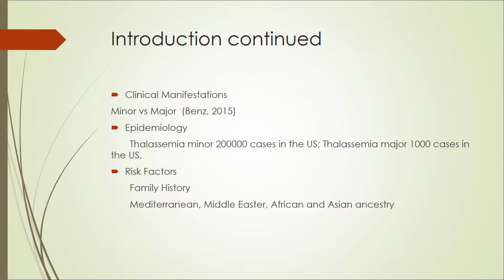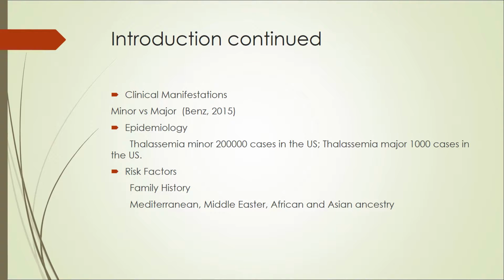Let's look a little bit at the epidemiology of the disease. Thalassemia in general is a fairly rare disorder, thalassemia minor having fewer than 200,000 reported cases in the United States. Thalassemia major is even more rare, with fewer than 1,000 cases reported in the United States.